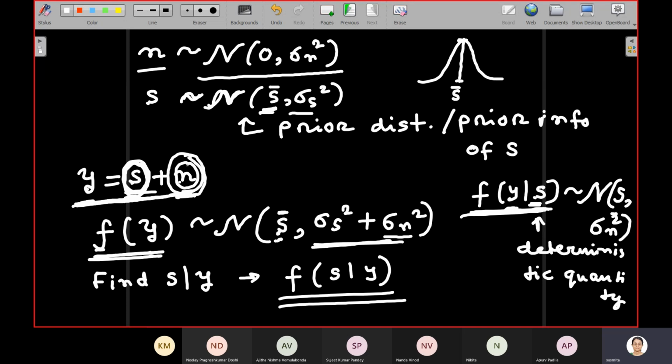And in fact, it has the same variance as that of N. The only difference is that it does not have zero mean because of S. S is the deterministic quantity, and any deterministic quantity will contribute to the average value, the mean value, right? So this is why I use the Gaussian distribution with mean S and variance sigma n square.